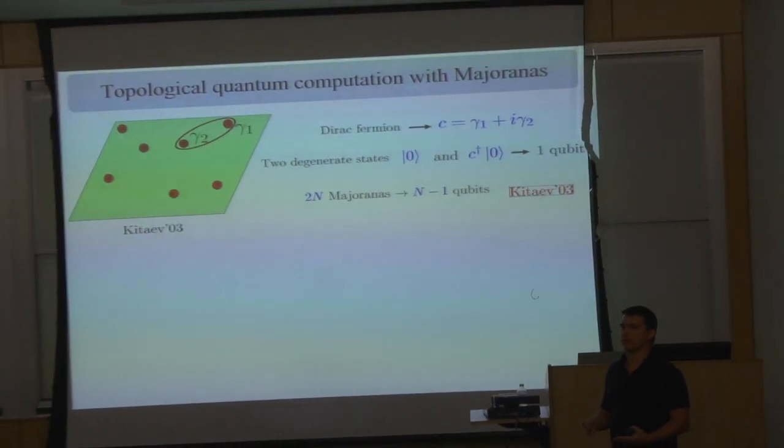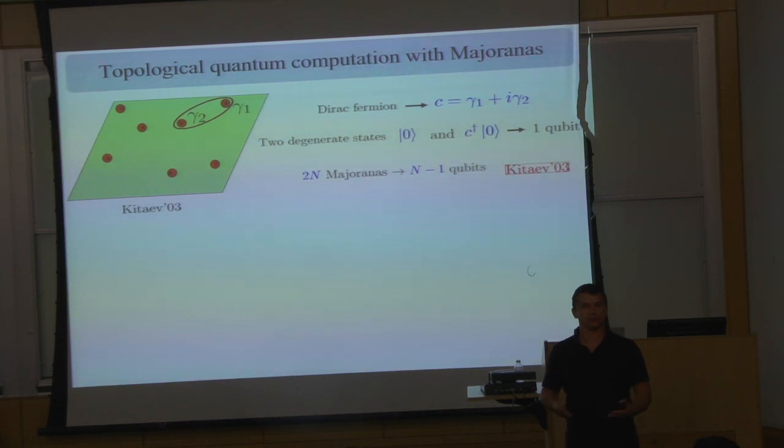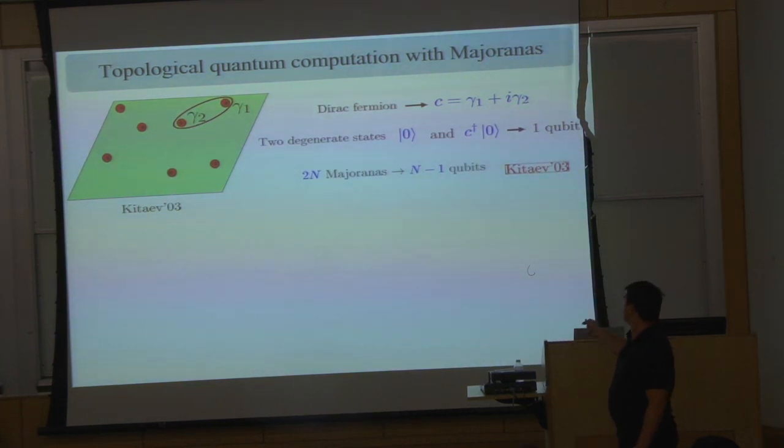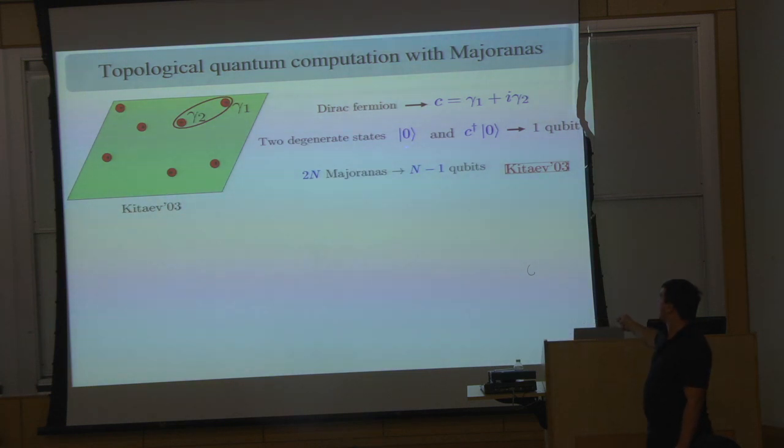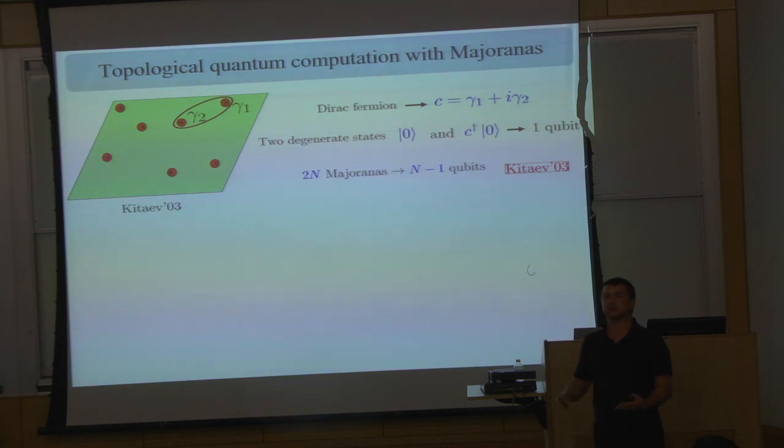Okay, so if you have ground state degeneracy, you can take a pair of Majoranas and form a conventional Dirac fermion, a complex fermion. So let's just do that. Let's say gamma 1 and gamma 2 get logically paired, and we introduce this fermion C. And then this pair can be either unoccupied or occupied. So it gives me a two-level system.